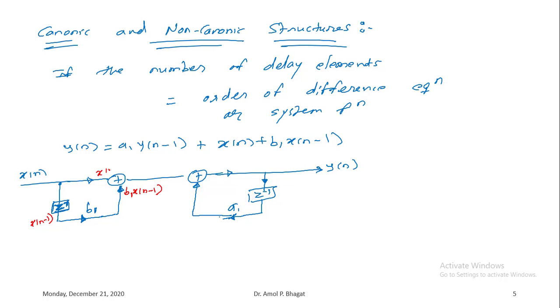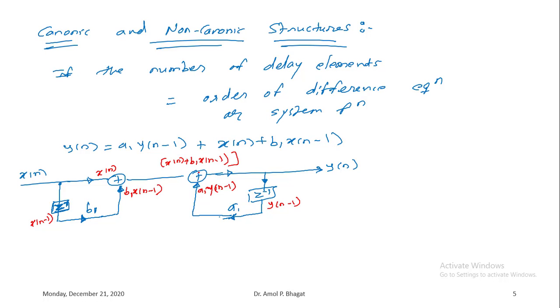Here another input applied is x of n. Again here the output of this delay element is y of n minus 1, okay, which is fed back into this system. So here it is getting multiplied with a1 and here the input will be a1 y of n minus 1, right? While the other input to this adder is this addition result, that is x of n plus b1 x of n minus 1, right?